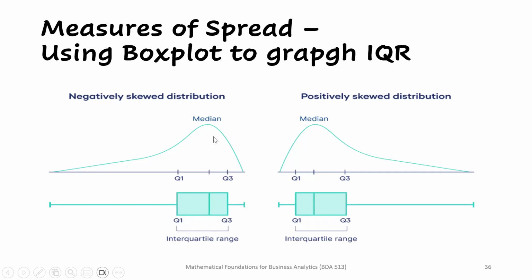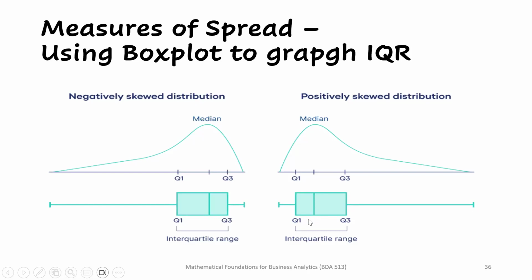If you compare it to the diagram on top of it, you see that the majority of the data are on the left-hand side. So this is left-skewed data. When the median gets closer to Q3, it tells you that it has a long tail to the left. So this is a negatively skewed distribution, or left-skewed data.